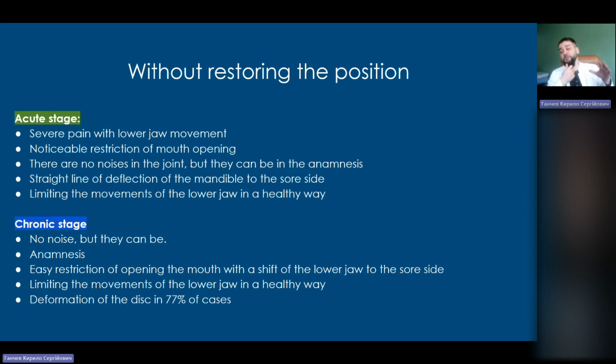So if the patient had that problem for a lot of months, years, it became chronic. So if a patient comes to you in a chronic stage, there could be no noise, but it can be.